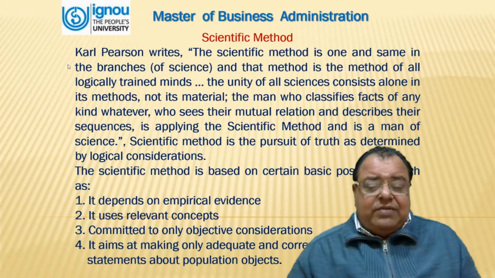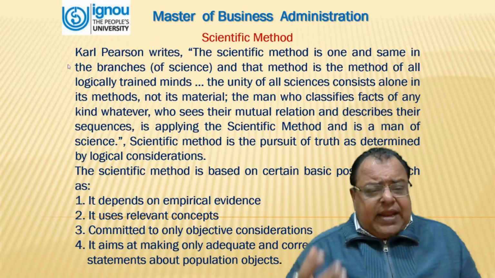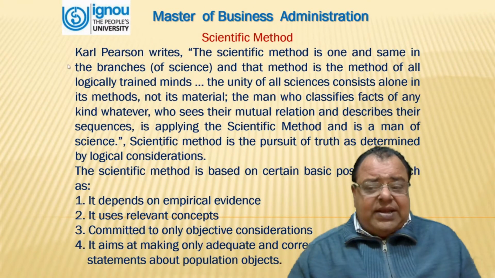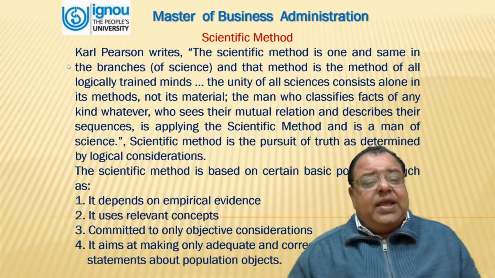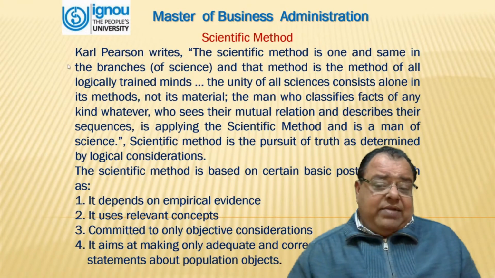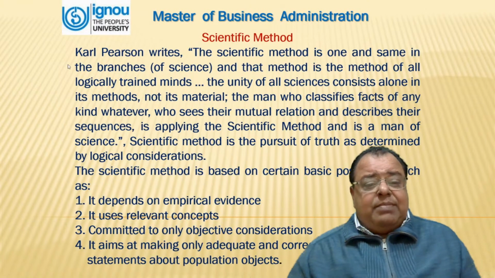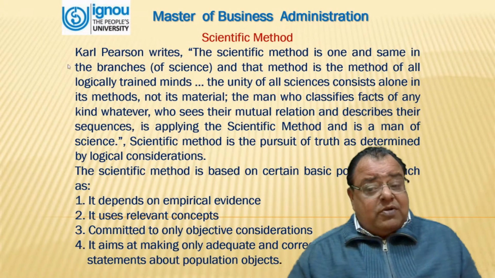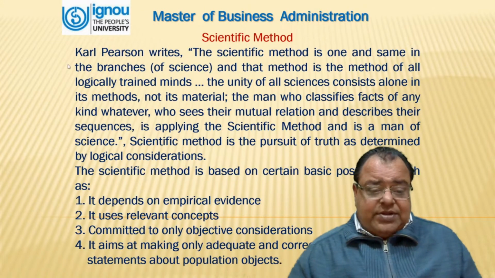The man who classifies facts of any kind whatever, who sees their mutual relation and describes their sequences, is applying the scientific method, and is a man of science. The scientific method is the pursuit of truth as determined by logical considerations.